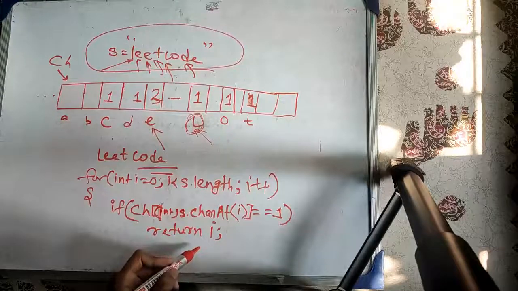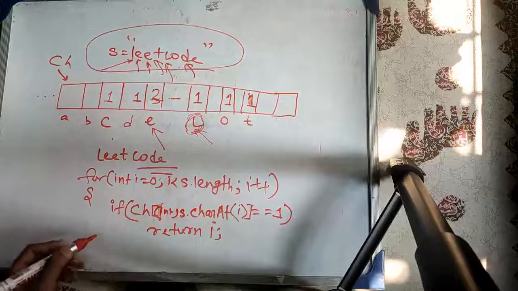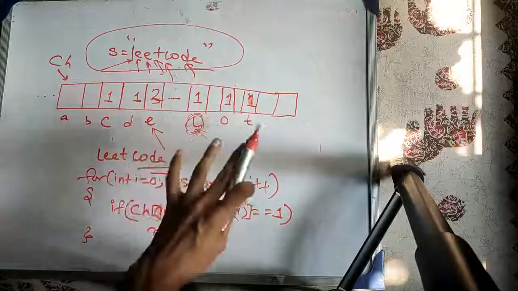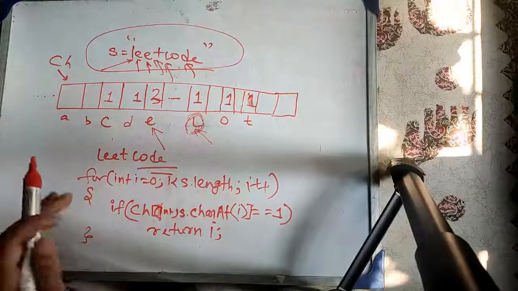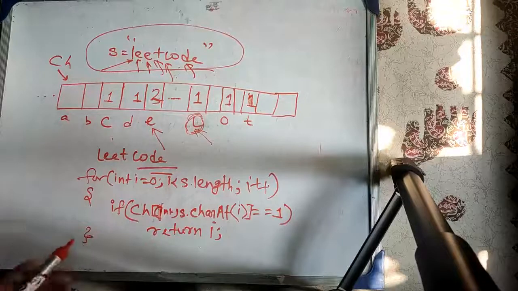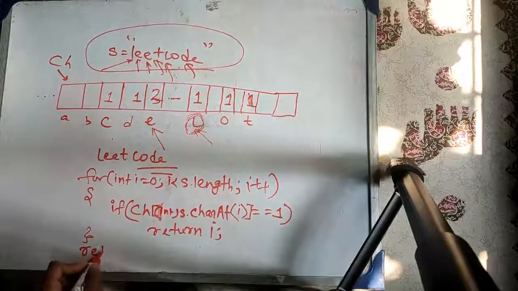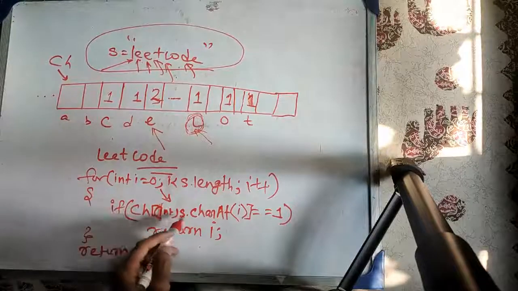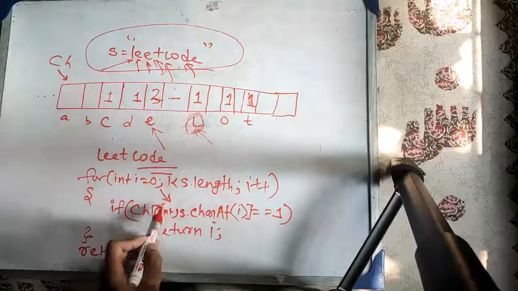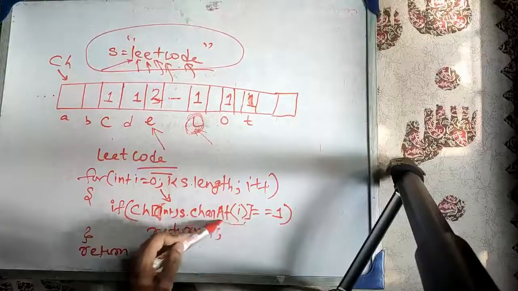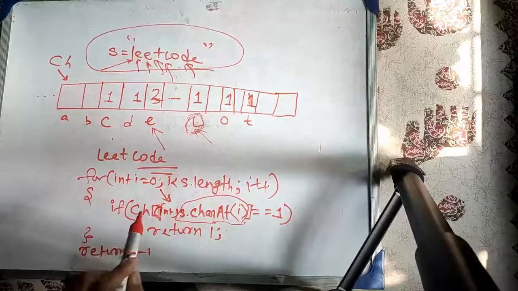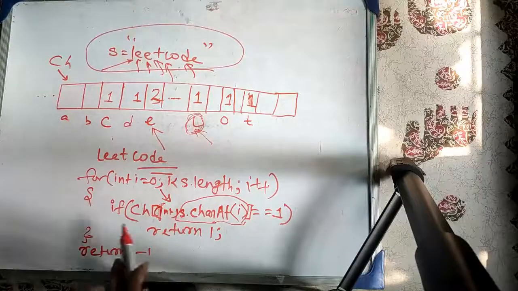So we are returning the index, and if none of the characters has frequency 1, meaning all the characters are repeating, then we will simply return -1. Why have I written int here? It will convert the corresponding character into its equivalent ASCII value. So this is the whole logic.